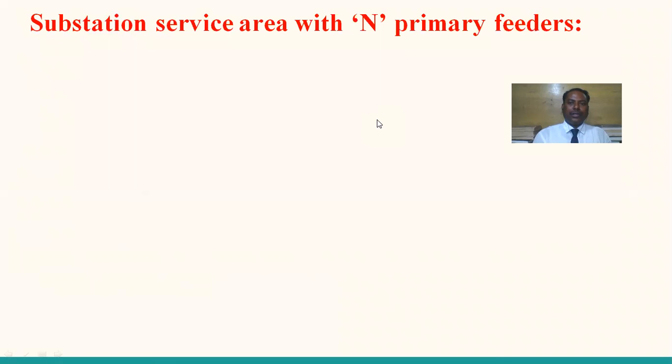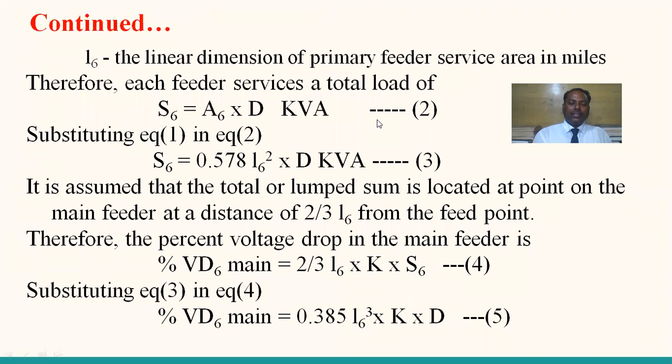So therefore, the analysis belongs to the hexagonal shaped area. So far we discussed the square shaped area having 4 feeders, and if load density increases, we go for 6 feeders. That is also observed here in the form of a hexagonal shaped area.